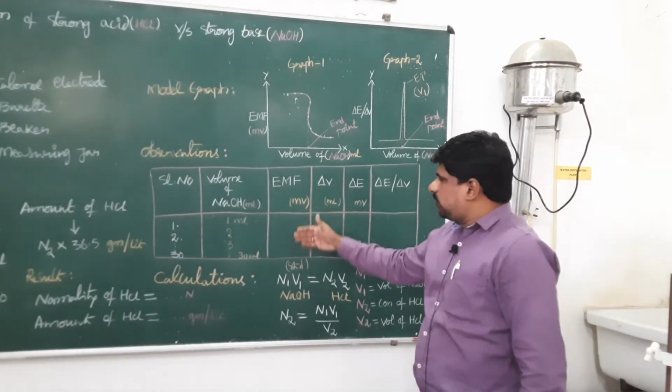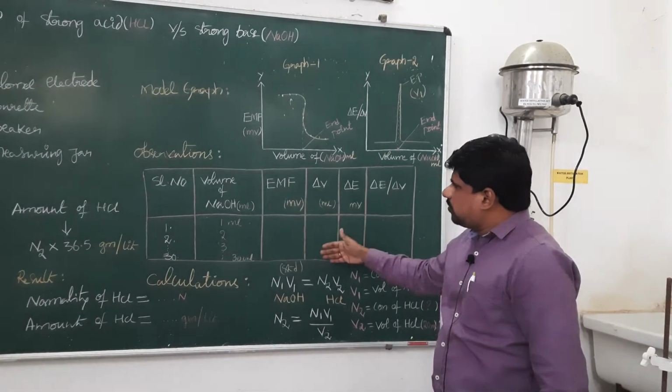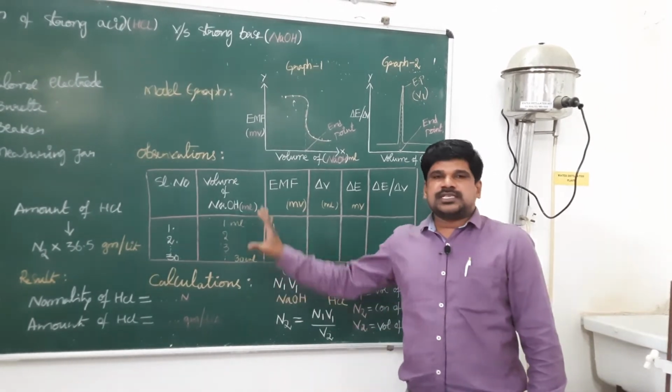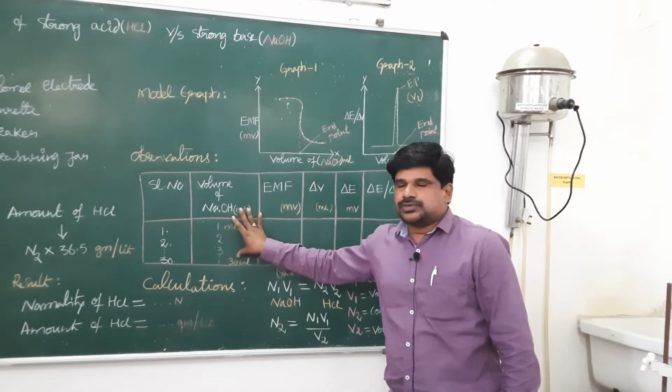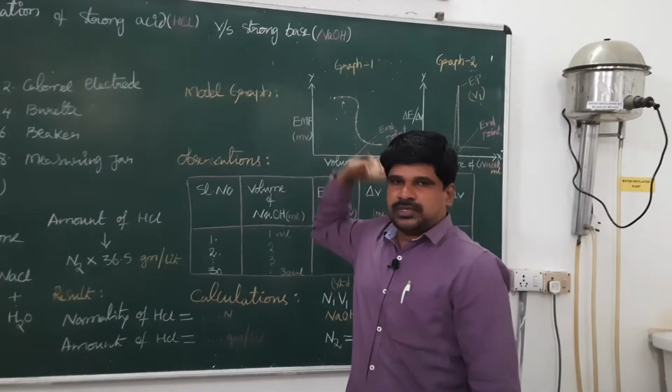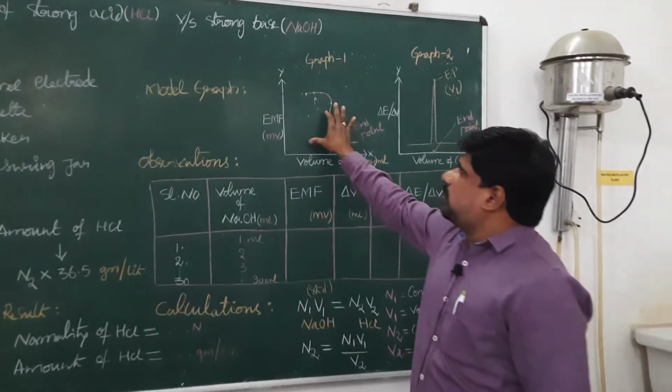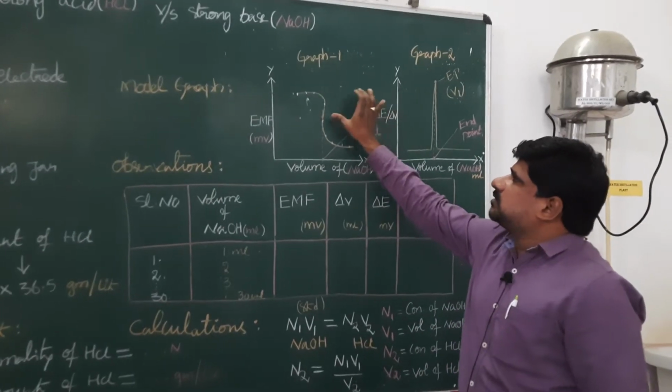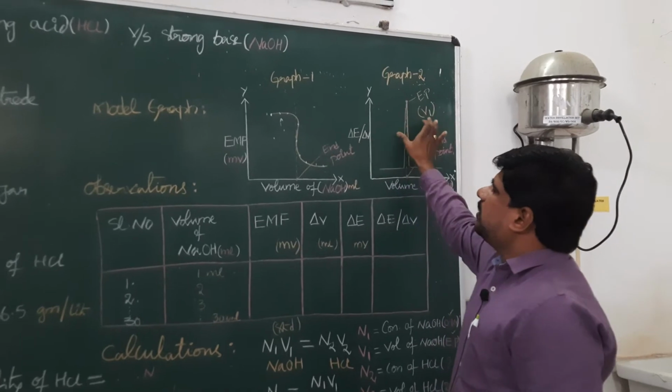From the tabular form we use the columns in a graphical model. There are two types of graphs: graph 1 and graph 2.